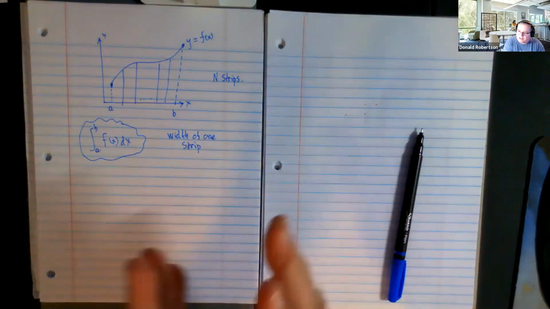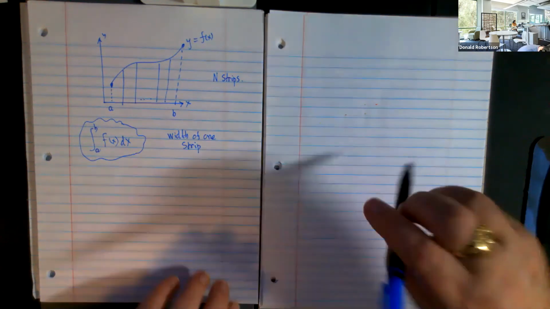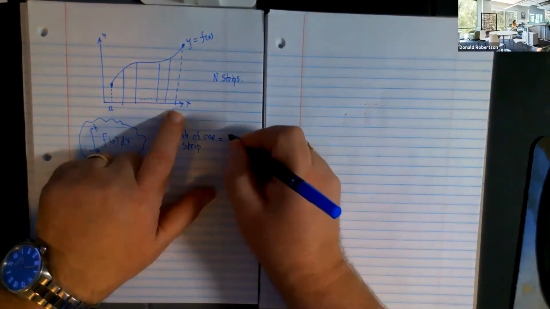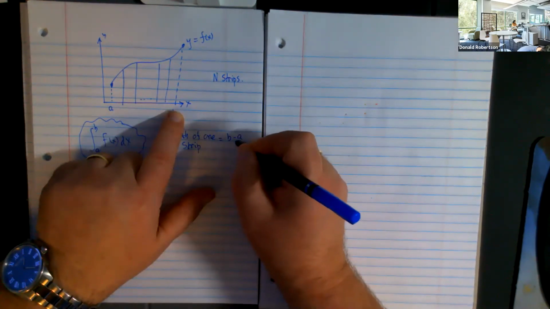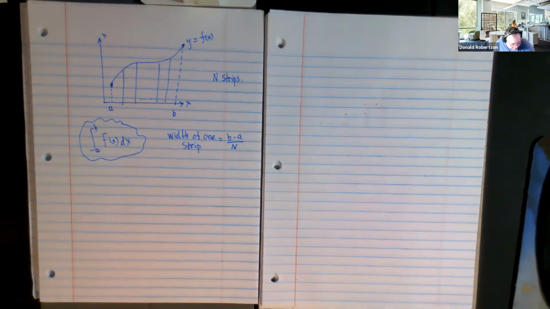So imagine you're taking it and you broke it into 5 strips or 25 strips. How could we come up with what one width would be? If you take the start and the finish and you divide it by how many strips there are, that is going to be the width of one strip.